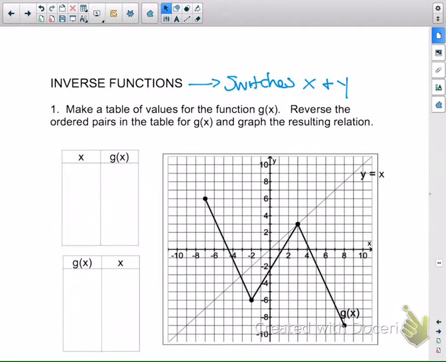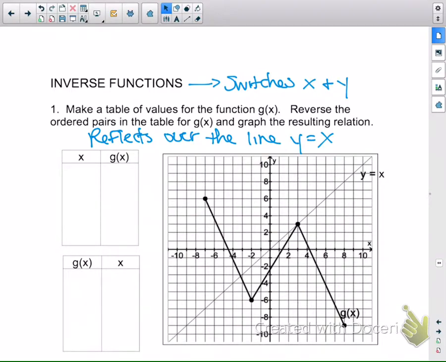If you want to find a function's inverse, you switch the x and the y, and I mean that literally with the algebra in it, which is what we're going to do on the next page, and it also means on the graph, okay? An inverse function always reflects over the line y equals x.